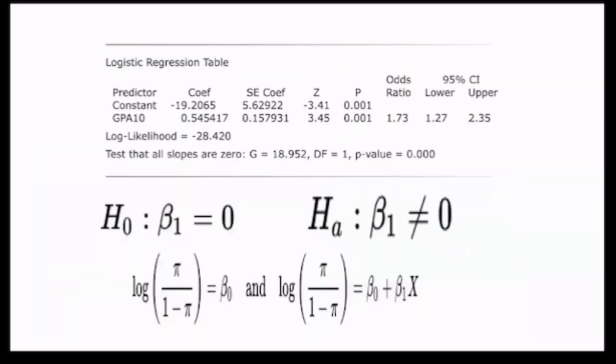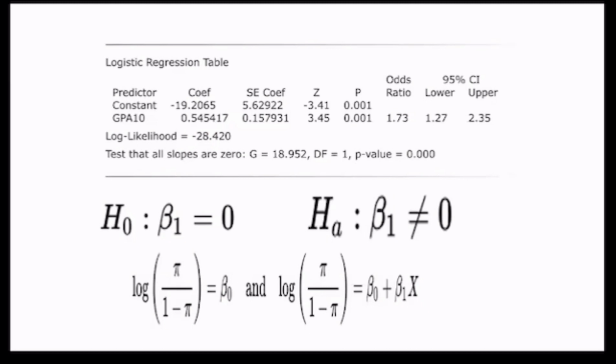Now take a look at this. Under the null hypothesis, if beta 1 equals 0, you remember the other time when we were testing the significance and comparing the intercept-only model with a model, we used the F-test. Now, if I have a logistic regression model, logit equals beta naught plus beta 1 x.